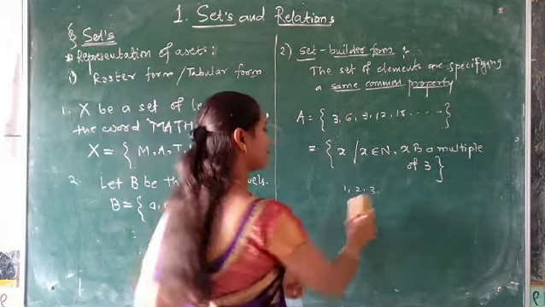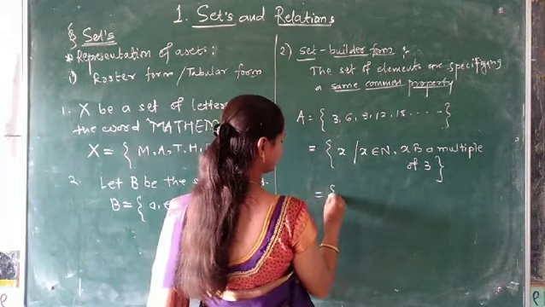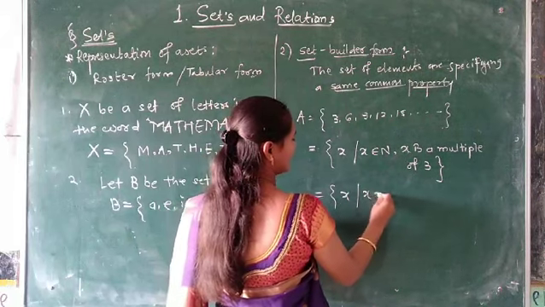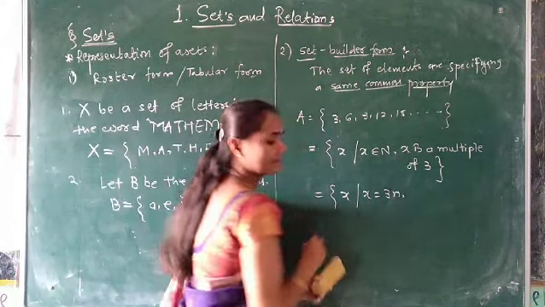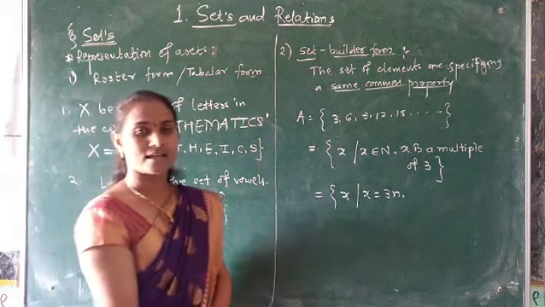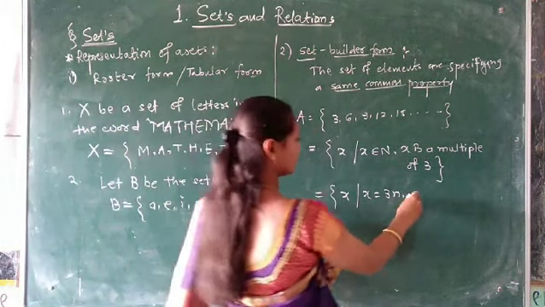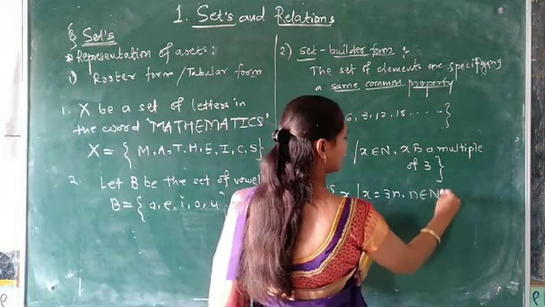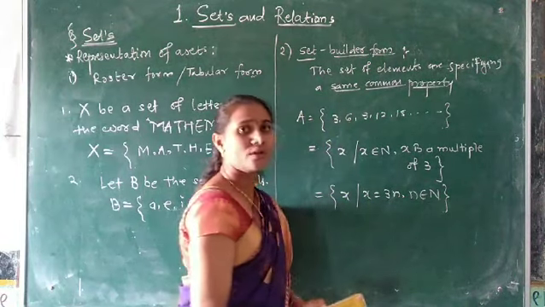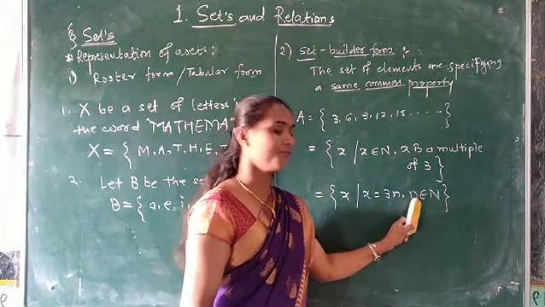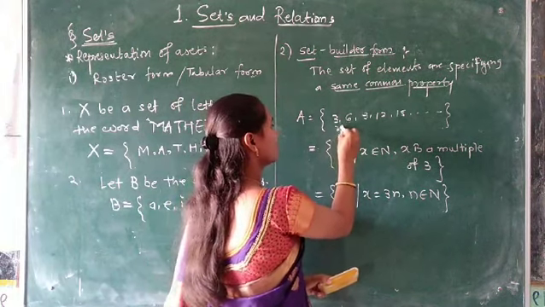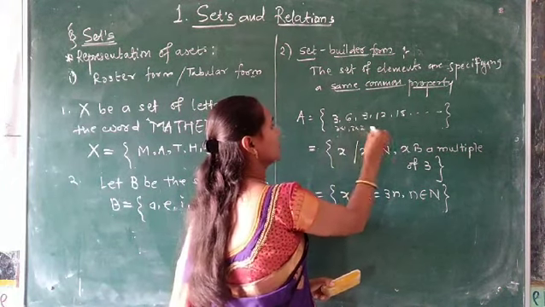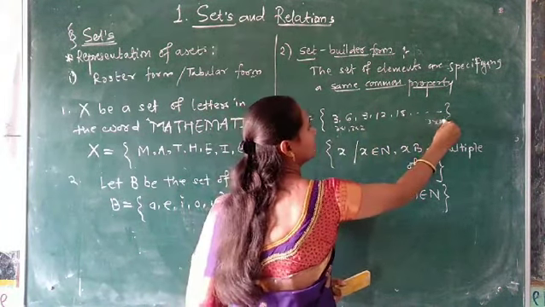In the second way, we write this set as X such that X is equal to 3n, and this n belongs to natural numbers. That means for the value of n we are taking 3 into 1, here 3 into 2, and last, that is 3 into n.